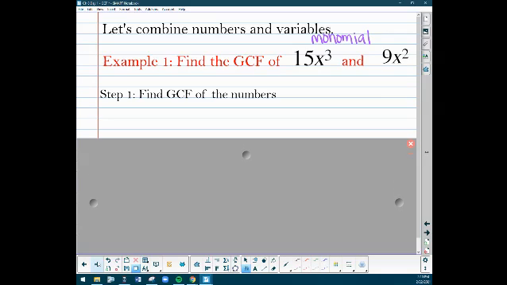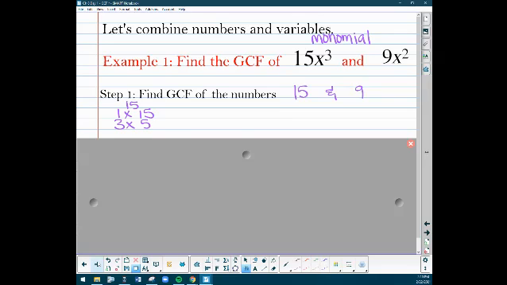The first step is to find the GCF of the numbers. So it wants us to find the GCF between 15 and 9. Okay, again, if you want to think about what multiplies to give me 15, 1 times 15 and 3 times 5.